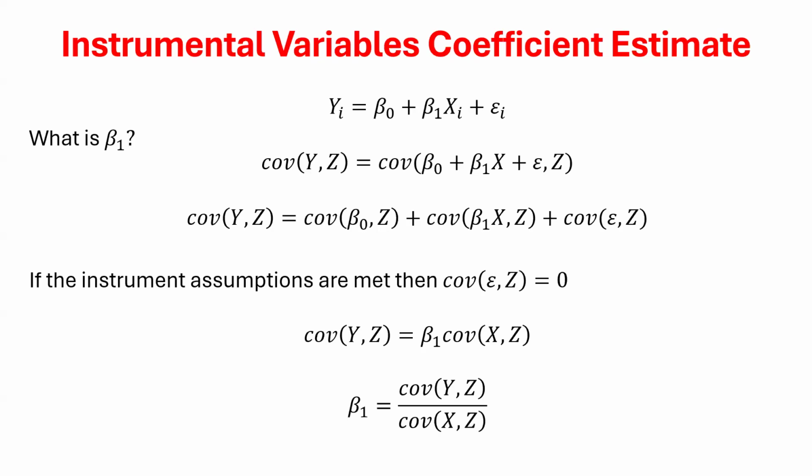So if I'm then thinking about my second stage, I've got the actual Y values. I want to predict that, but I'm going to use my predictions that came from my first stage. Okay. So I can think about here, what are my predictions going to be? Well, they're equal to this equation right here. Okay. So if I plug that in, technically I've got my error term as well.